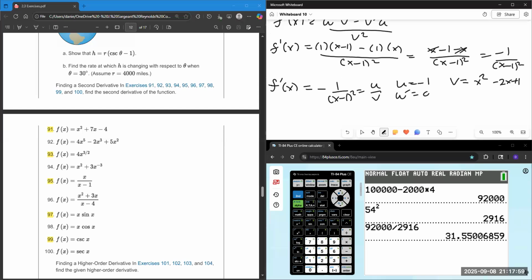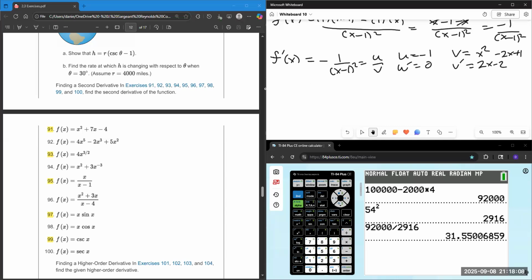u prime is 0. v prime is 2x minus 2. f double prime will be u prime v minus v prime u all over v squared. It's going to be u prime v, which is 0, minus v prime u, which is negative 1 times 2x minus 2.